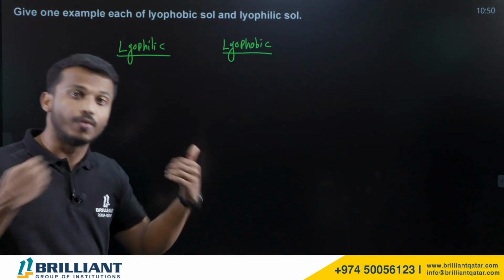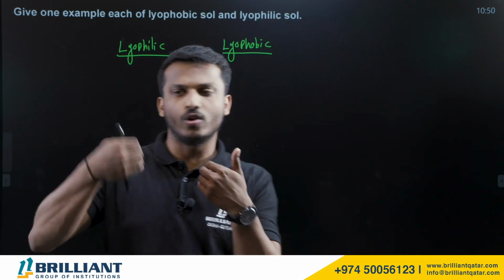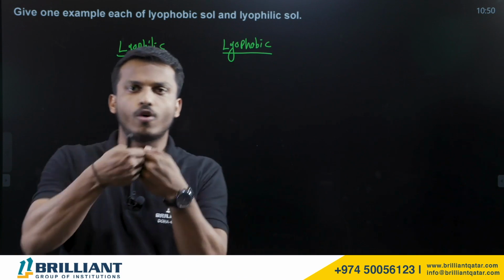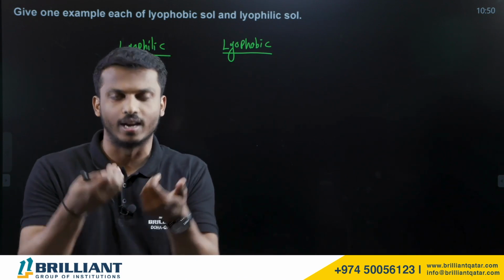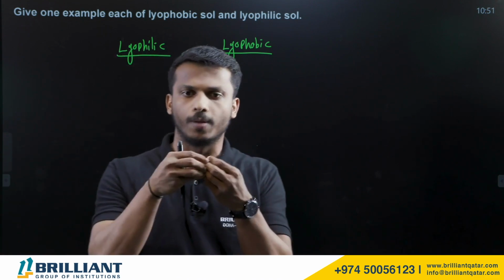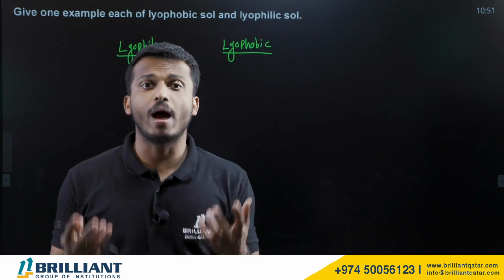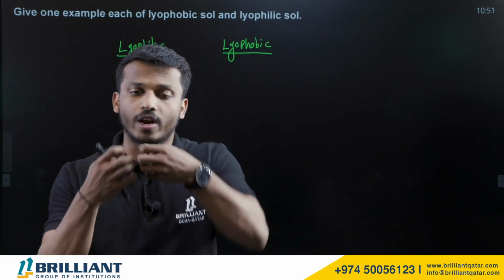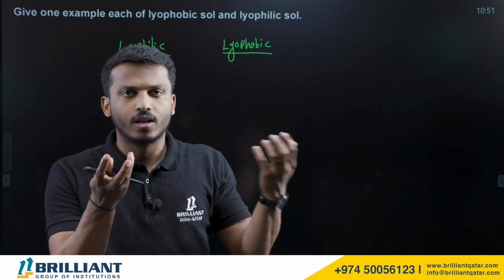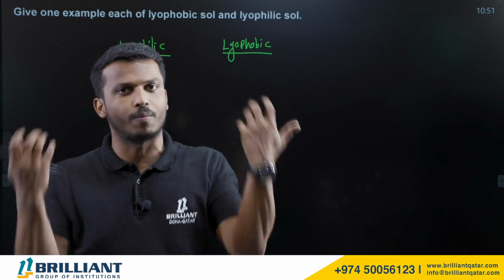Lyophilic is reversible. When you add the dispersed particles into the medium, they immediately form a colloid. For example, consider a substance dissolved in water making a colloid. It's lyophilic. When you evaporate the system, water evaporates and you get the particles only. So the opposite of colloid formation happens.